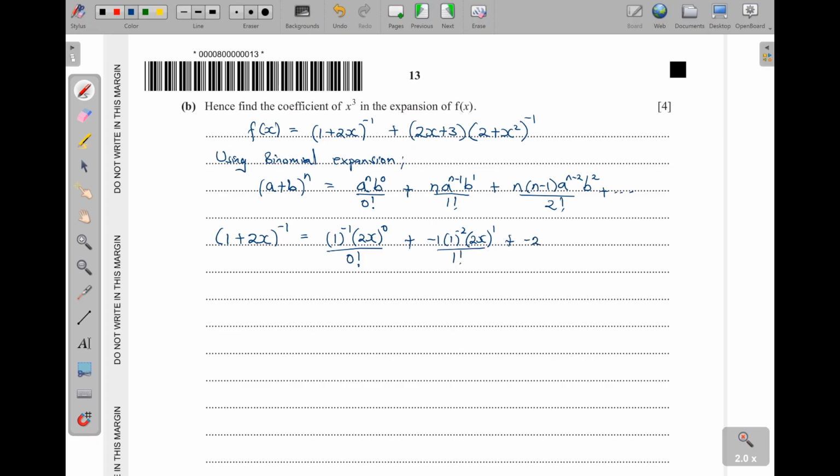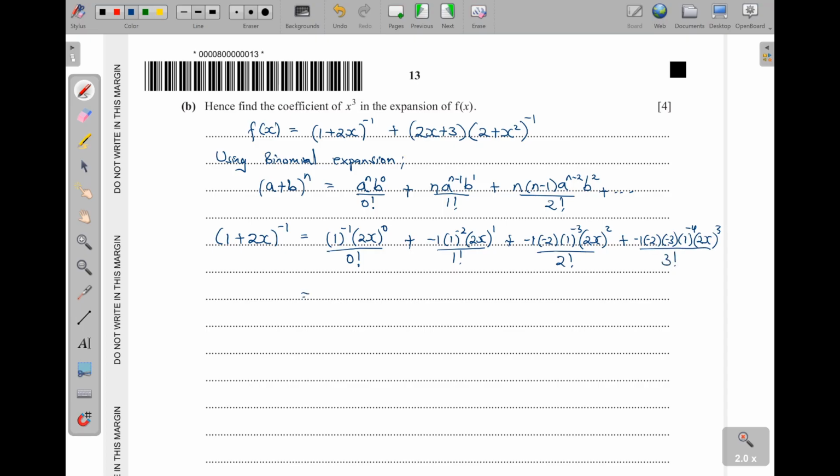This will be negative 1 times negative 2, then 1 to the power of negative 3, then 2x to the power of 2 over 2 factorial, and then the last one is negative 1 times negative 2 times negative 3, then 1 to the power of negative 4, and then 2x to the power of 3 out of 3 factorial.